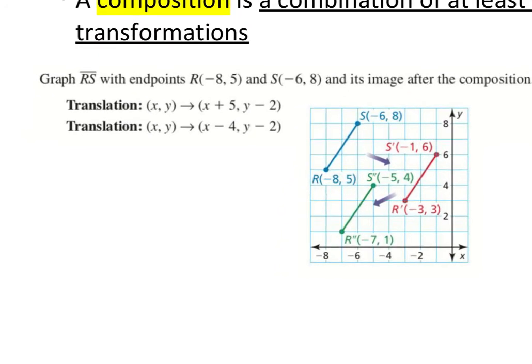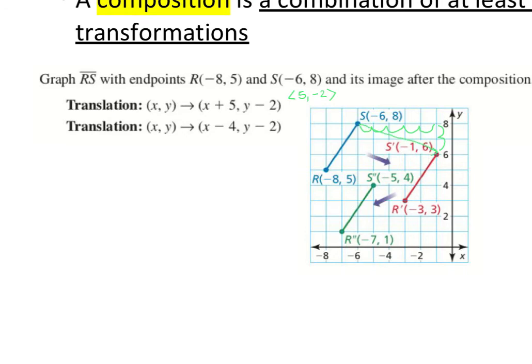This is our original, right? Let's just take this translation, which is x plus 5, y minus 2. Let's write that in vector form, which would be positive 5, minus 2. So we're going to go over 5, 1, 2, 3, 4, 5, and down 2, 1, 2. Okay?